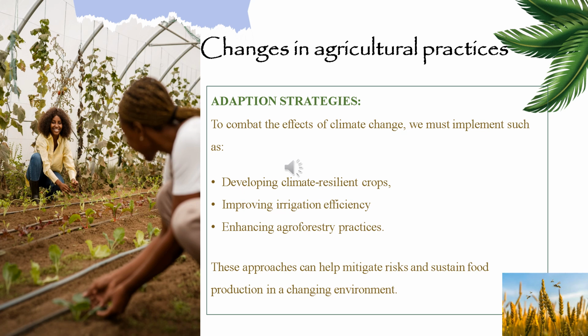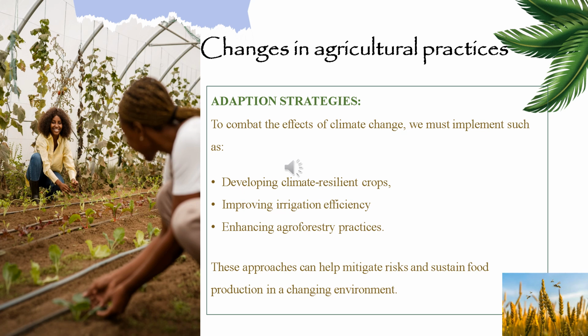Let us now look into the changes in agriculture practices due to climate change. First is adaptation strategies, and second is technological innovations. So, in adaptation strategies, first comes shifts in planting and harvesting times. Adjusting schedules. To cope with changing temperatures and precipitation, farmers are modifying their planting and harvesting times.